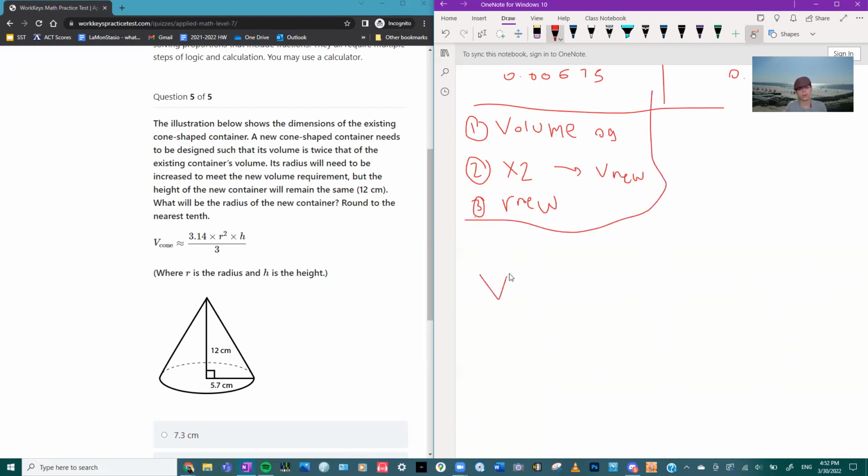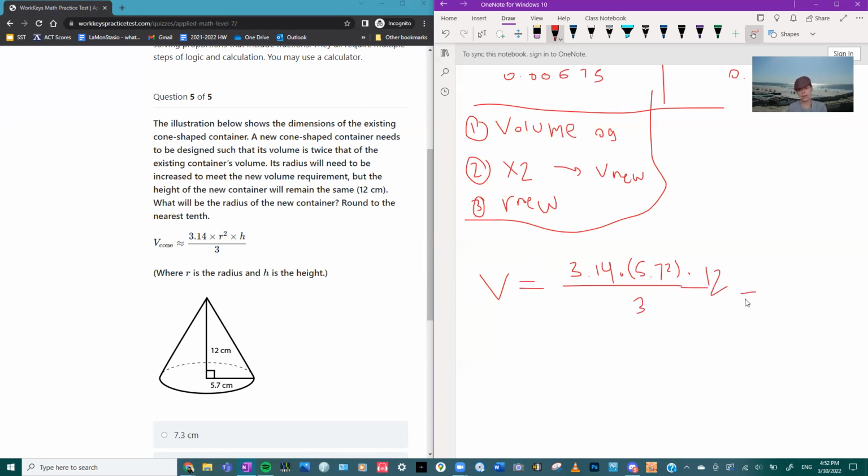Okay, so the original volume. All right, we'll do 3.14 times the radius squared. The radius is 5.7 squared. All right, and let's put this into parentheses because the squared only needs to go on that. And then times the height, which is 12. And that's got to be divided by 3.